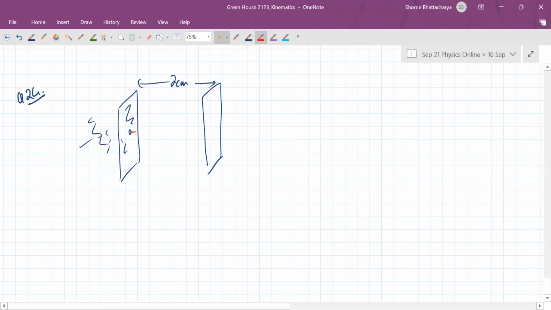Electrons emerge from here with some horizontal velocity, and while they emerge, in this region there is an electric field present. Now electrons are negatively charged, so in an electric field pointing upwards, they'll experience a downward acceleration, which is given. So they will move in a trajectory like this.